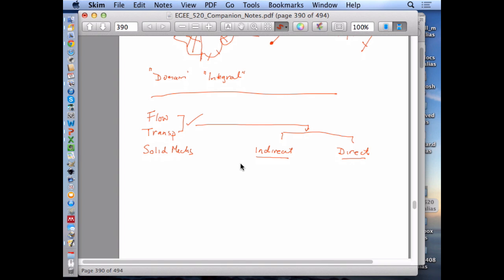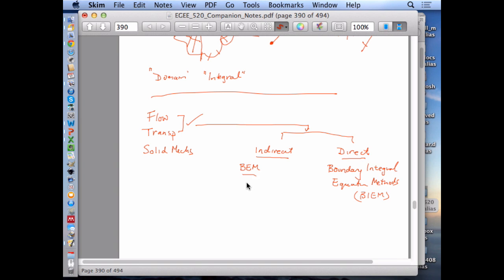Sometimes these are referred to as BEM methods, boundary element methods, and the other ones are referred to as BIEM methods, boundary integral equation methods. The acronym is BIEM. And of course, boundary element methods would cover these as well, but this is often the terminology given.